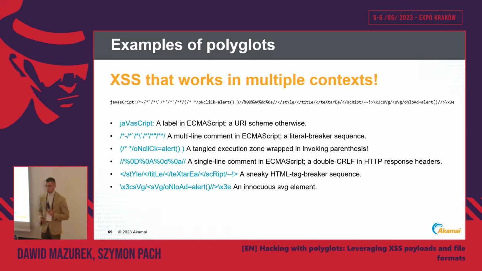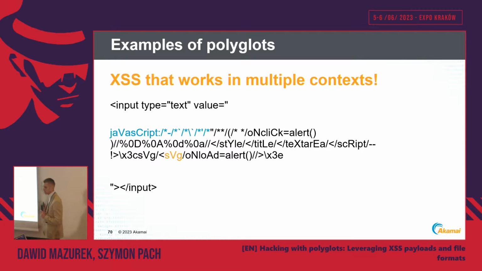How this payload works is specified there. It lists what kind of operation every part of this payload is responsible for. There are a lot of operations: the multi and single line comments, something responsible for triggering alerts, the tag breakers. On first view, we see that it doesn't work. There is no possibility that it will work. There is no valid syntax, but is that right?